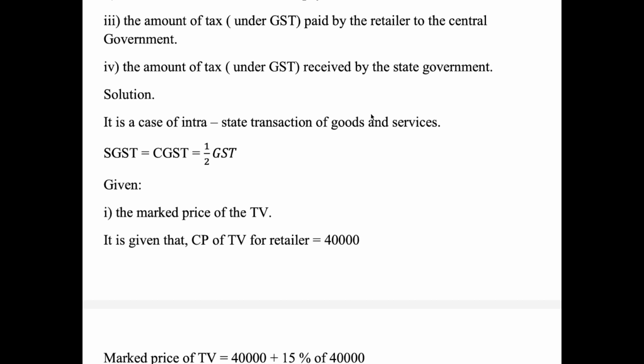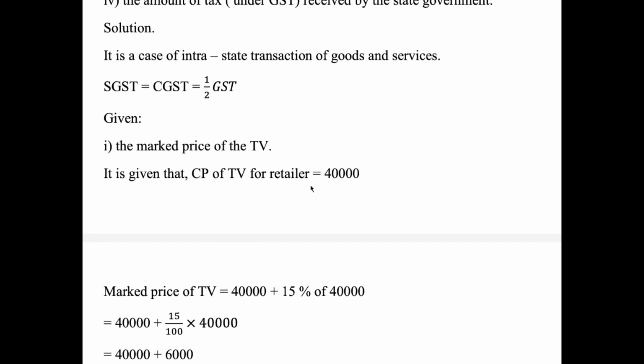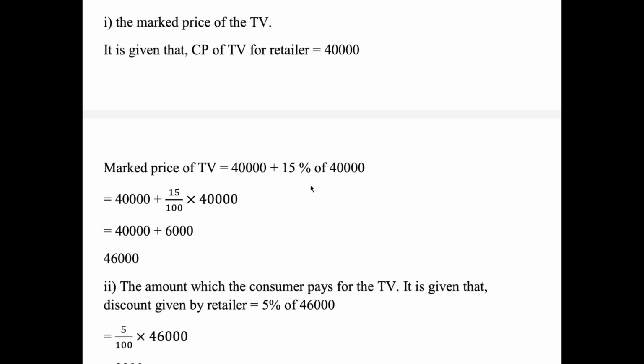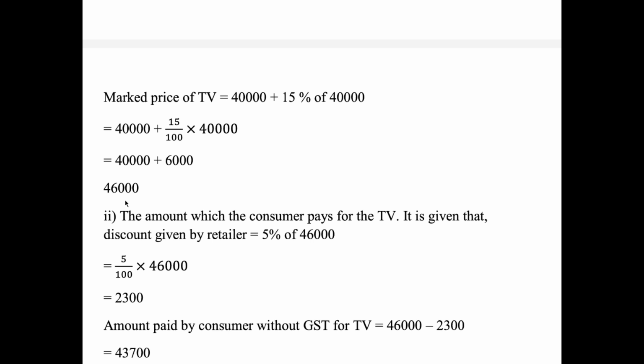So going to the same situation, CGST is equal to SGST is equal to 50% of the GST, that is half of GST. So the marked price of the TV, that is given price, CP of the TV for the retailer, that is 40,000 rupees. Marked price of the TV is 40,000 plus 15% of 40,000. Just add, the amount comes to rupees 46,000.